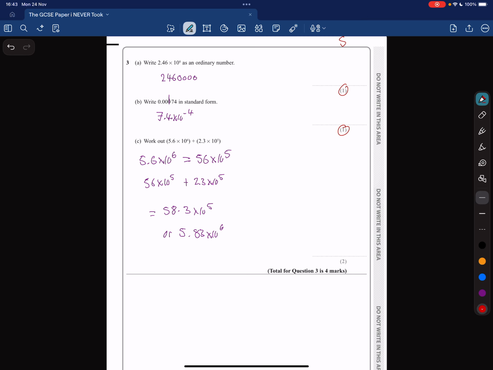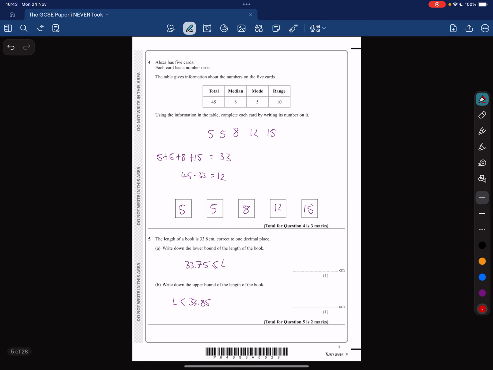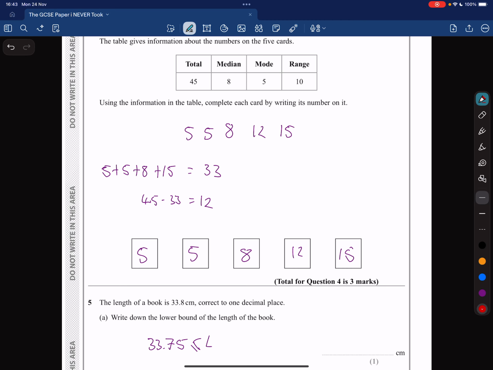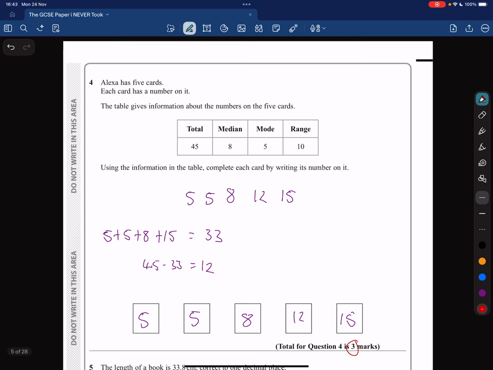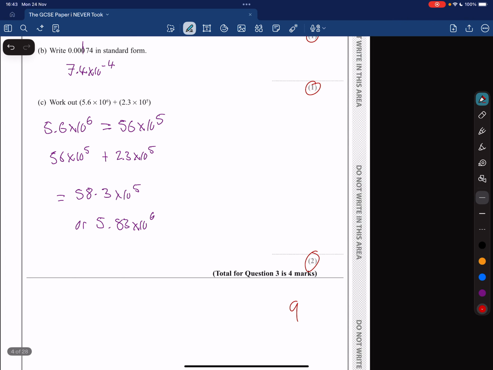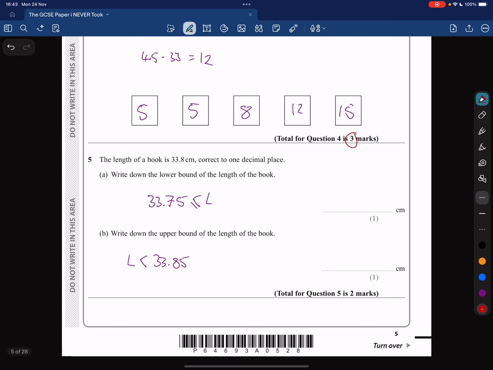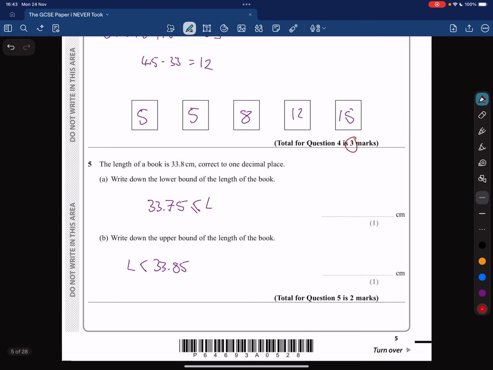Yep. 5.83. 5.83 times 10 to the 6. Yep. So there's another 4, so on 9 marks so far. 5, 5, 8, 12, 15. Yep, that's right. Sorry, that's 9. 33.75. Yep, 33.85.